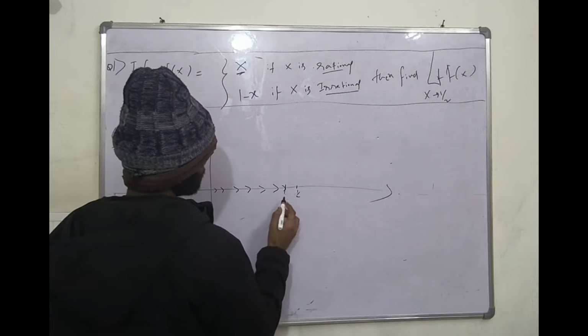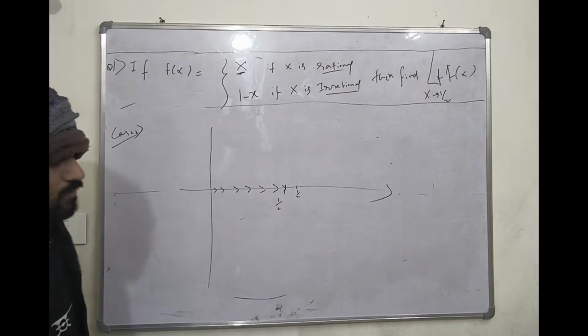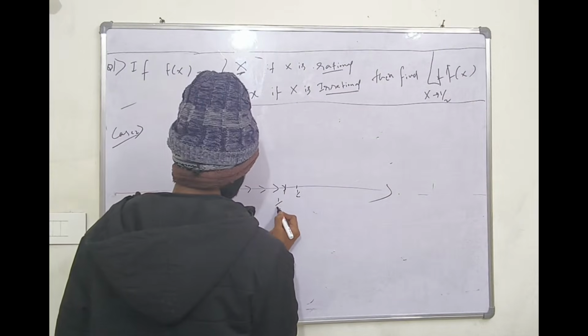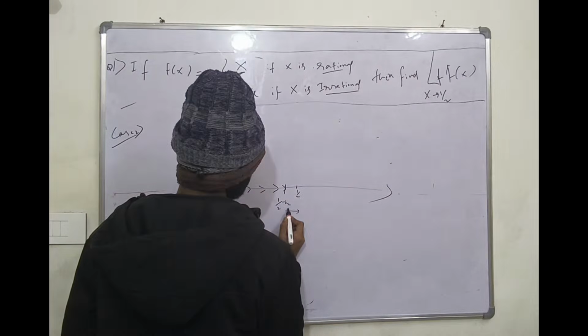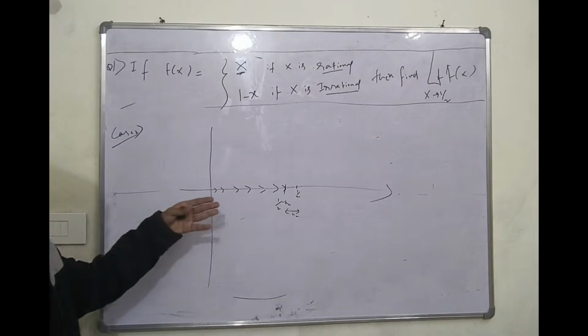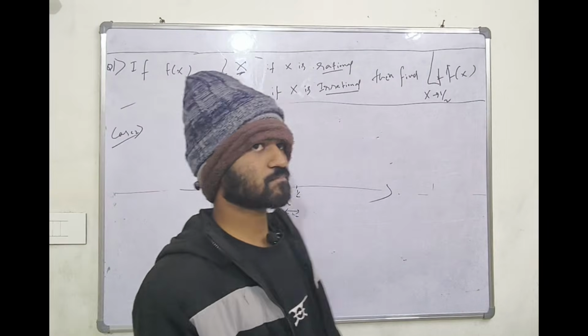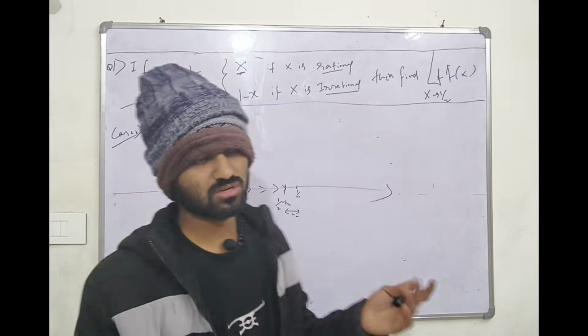I approach till this point 1 by 2 minus, now I give some new quantity h2. Okay, this difference is h2. Okay, so before we took a rational, we approached till the rational number, now we approach till the irrational number.